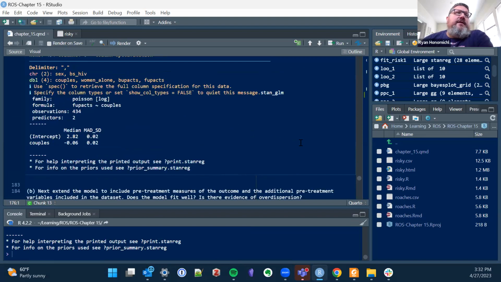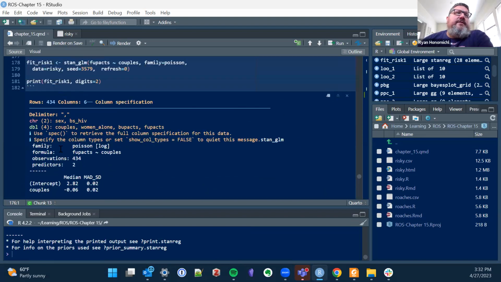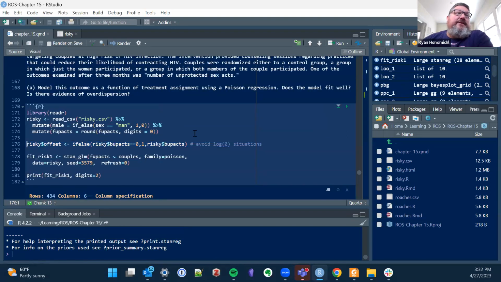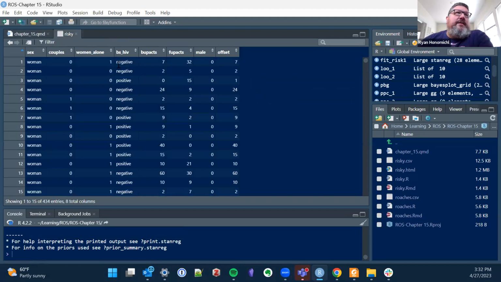So for the couples, I used couples as the treatment, although maybe that's wrong now that I'm thinking about it. Remember, 0,0 is the control, 1,0 is couple counseling, and 0,1 is women-only counseling, is my understanding of what we read recently.